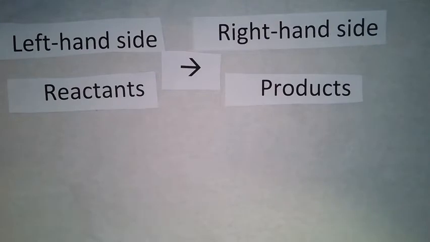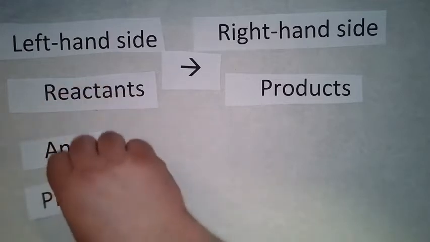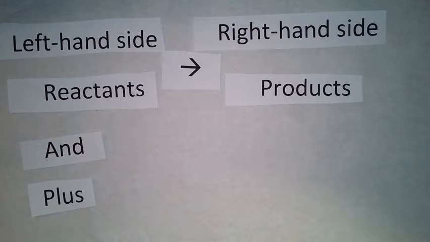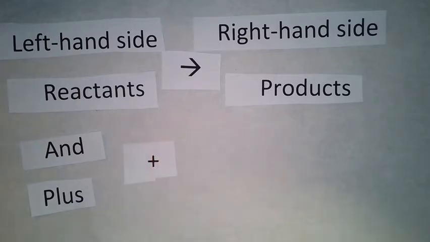There are some key words to watch for when reading or writing a word equation. The words "and" or "plus" indicate that one chemical and another are both reactants or products. We use a plus sign to show this. So if I have two reactants, I might say reactant A plus reactant B. The plus means that we will use a plus symbol.